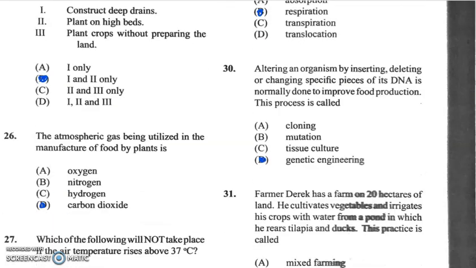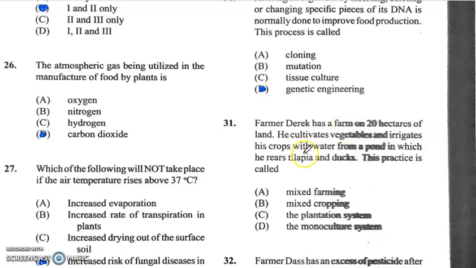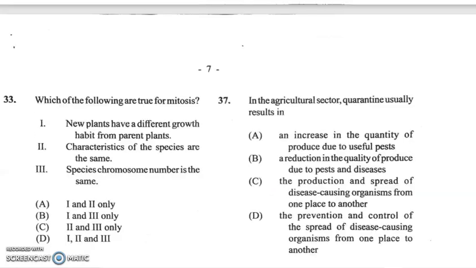Question 31. Farmer Derek has a farm on 20 acres of land. He cultivates vegetables and irrigates his crop with water from a pond in which he rears tilapia and ducks. This practice is called definitely mixed farming, A. Question 33.